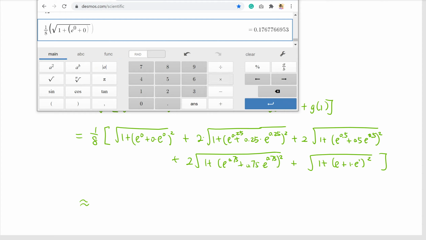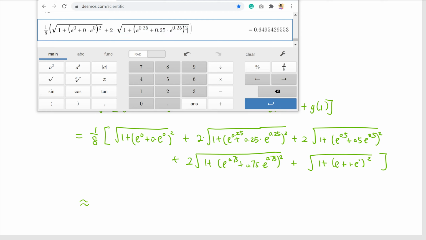So 0 times e to the 0. See, I can also copy this guy, e to the 0, and this guy squared, right? And then plus 2 times, okay, now I can copy it. So e to the, after the 0, this is 0.25, and this is 0.25, and this is 0.25. So far, so good, everybody.